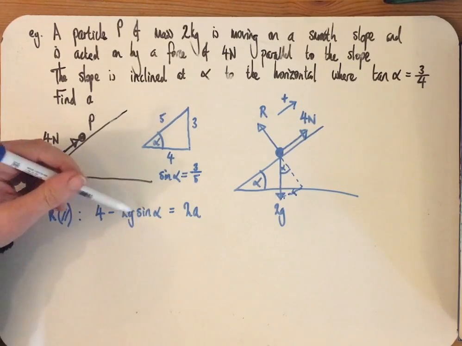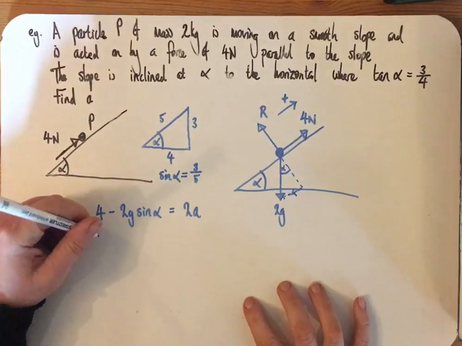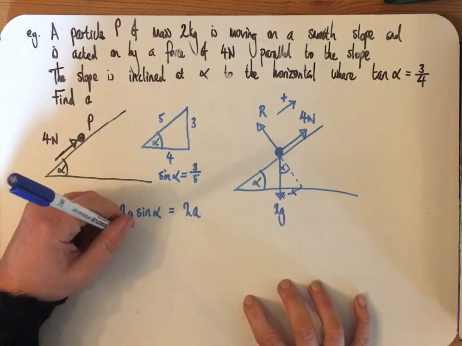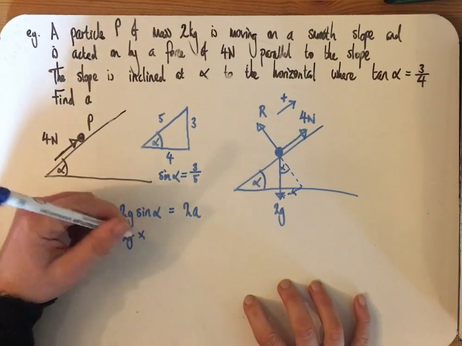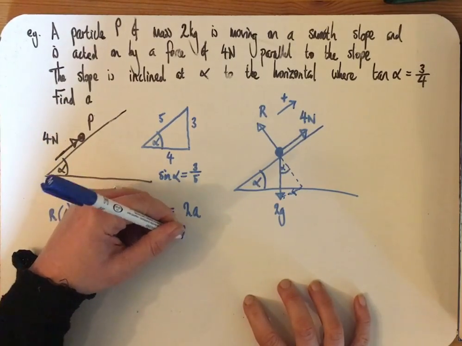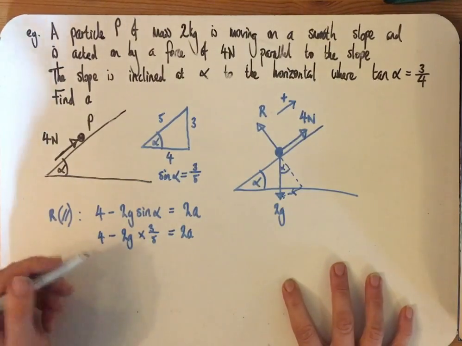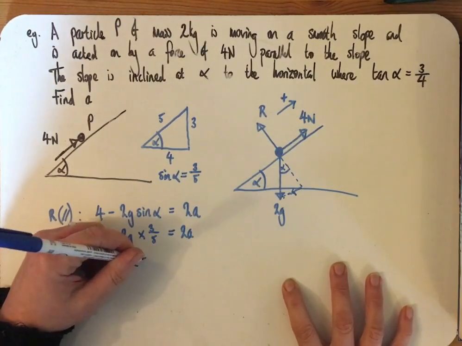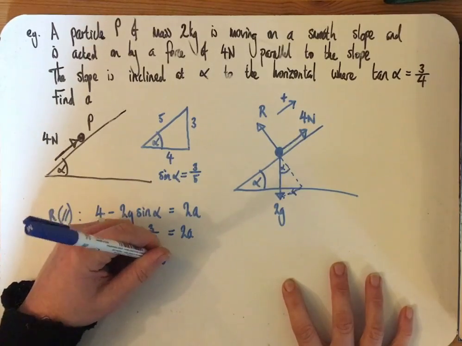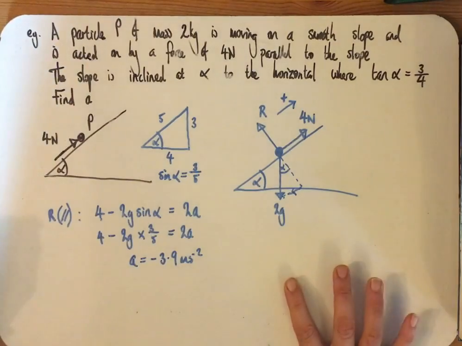I mean, in a way, we are approximating because of g, but try and get into the habit of actually keeping your exact form through here. And so we've got 4 minus 2g times 3/5 equals 2a. And if you work that through, a comes out as minus 3.9 meters per second squared.